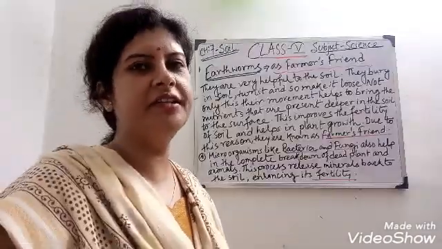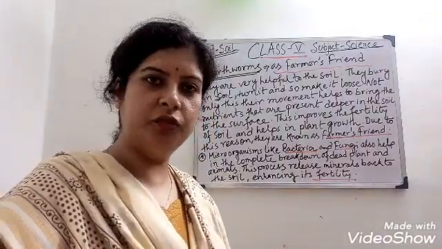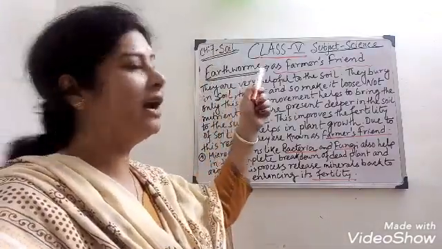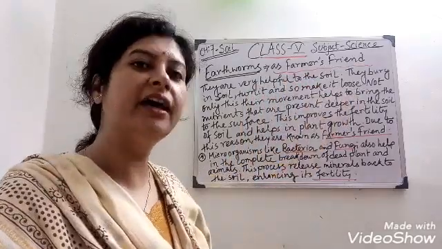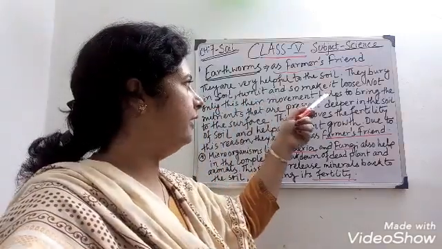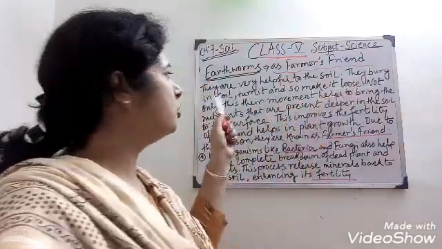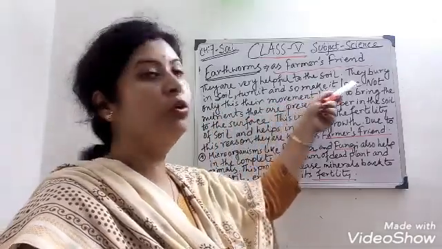Now children, here is some extra information for you regarding earthworms. Earthworms are also known as farmer's friend. Now why are they known so? They are very helpful to the soil. They burrow in soil, turn it and so make it loose.